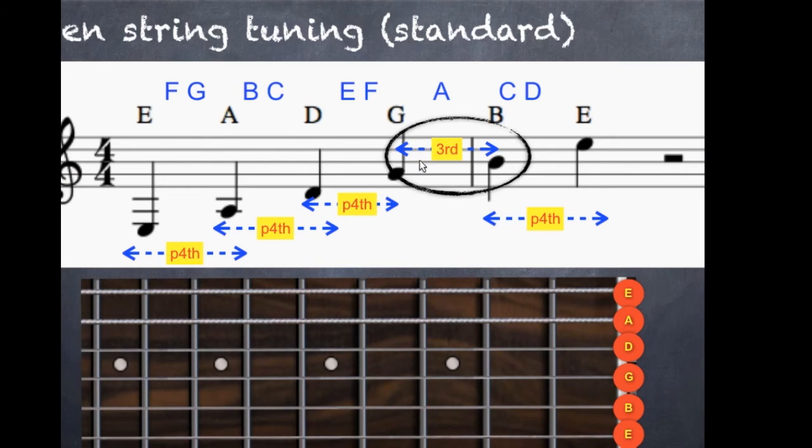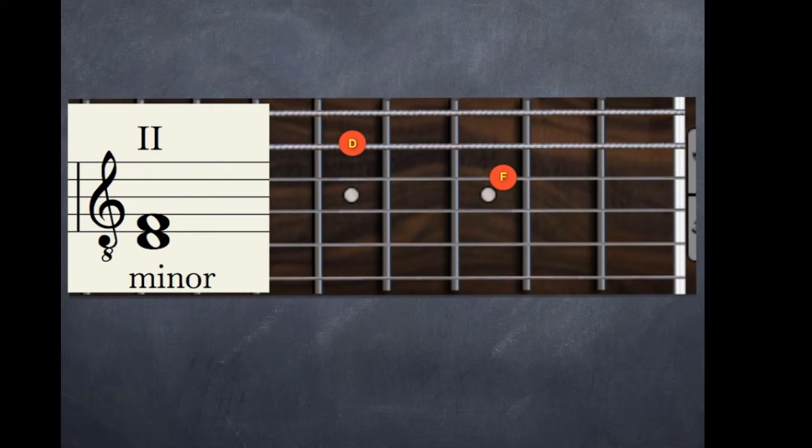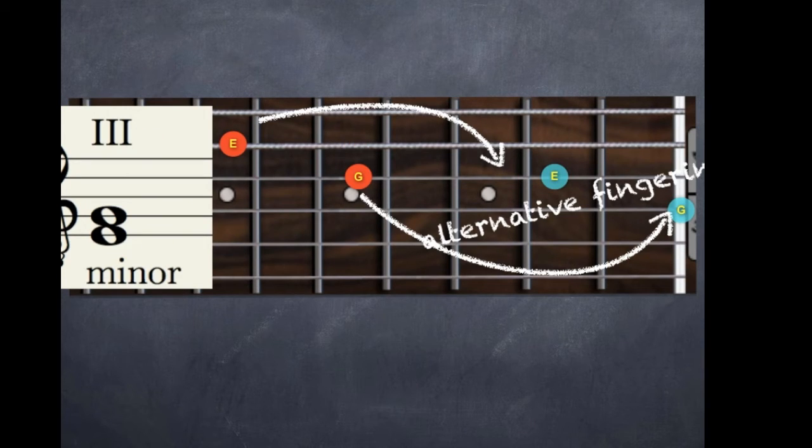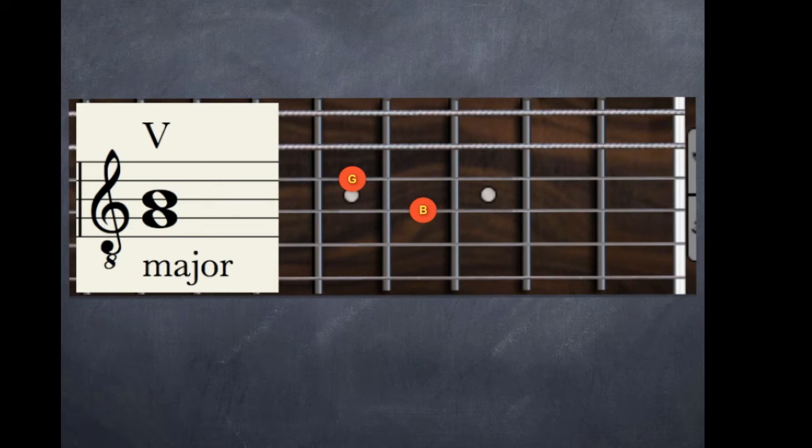We have a third between the G and the B. So we have the first interval is major based on C. There's the pattern for D. There's the pattern for E, shifted up a tone. There's the pattern for F. A major, shift up a tone to G major.